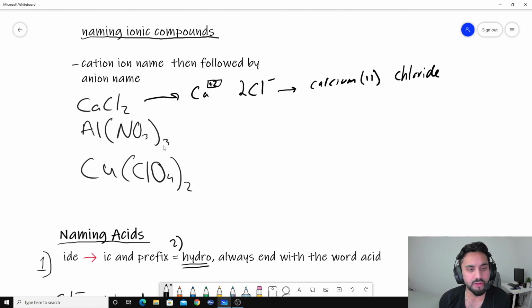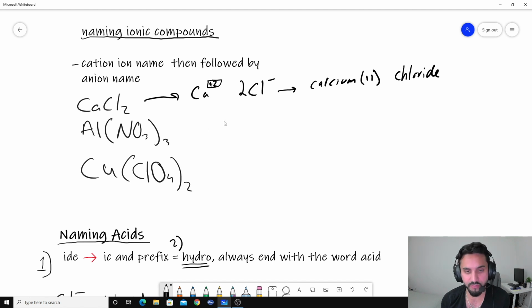Here we have aluminum with a nitrate ionic compound. So we know that aluminum is plus 3 charge and nitrate is -1 charge.